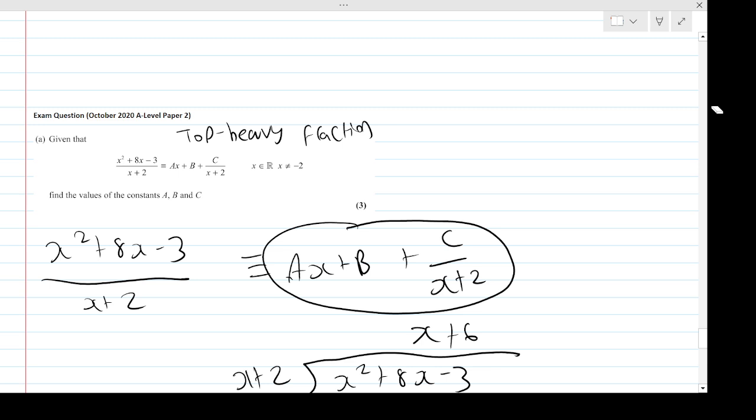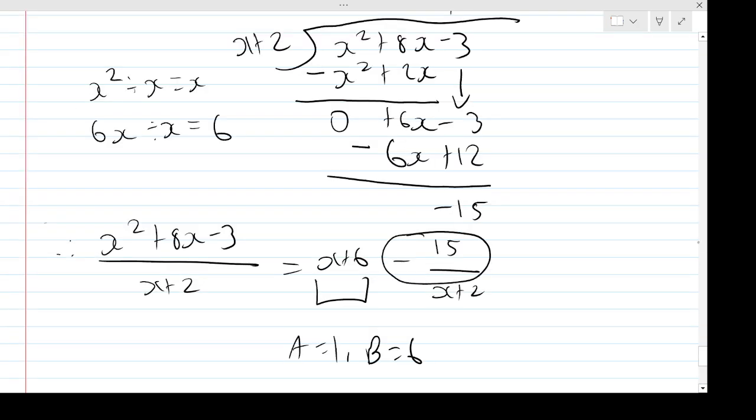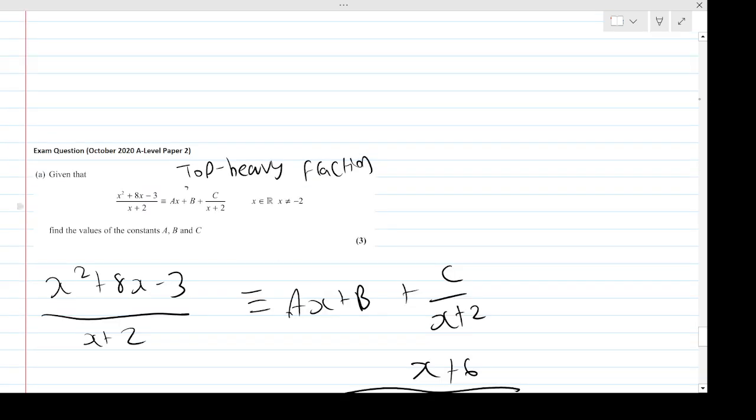And then it also plus c, a number c, over x plus 2. Well, here I have minus 15 over x plus 2. So c would be minus 15 there. And there we are then. So we wrote it in that form. We found the missing values a and b and c.